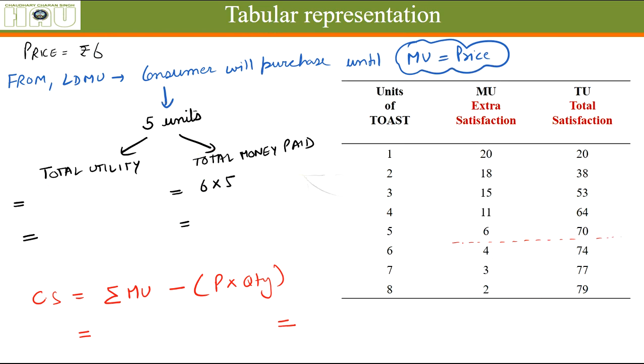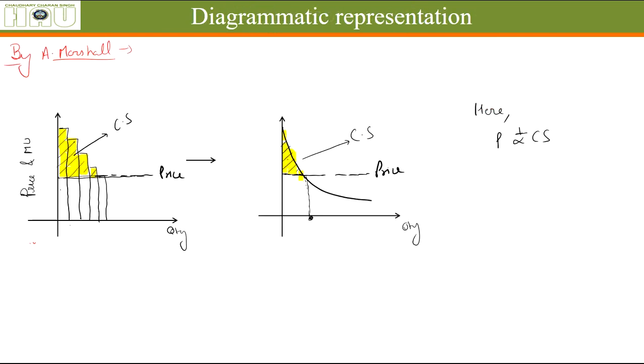Let's understand it by a diagram also. As we know, this is the point of consumer equilibrium. Consumer equilibrium comes when the price is equal to marginal utility. So this staggered curve can also be shown like this. For the first unit we get a marginal utility of 20. When we buy the second unit we get a marginal utility of 18.